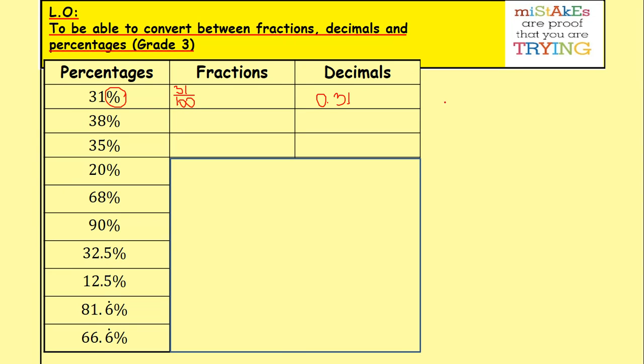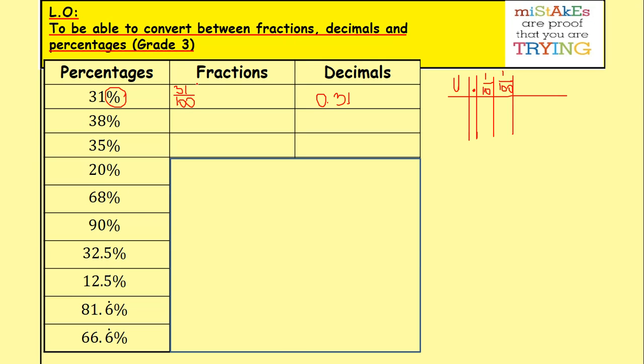Now I'll quickly show you here. Okay, so here is my place value table, here are the units, here is the decimal point, here are the tenths, which we know we can write as a fraction 1 over 10, here are my hundredths, which I know I can write as 1 over 100.